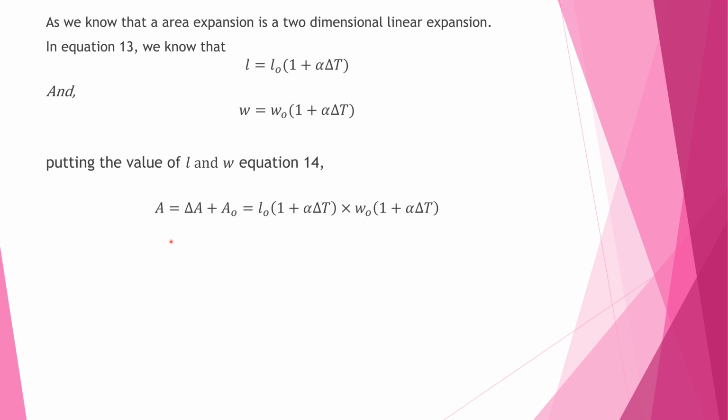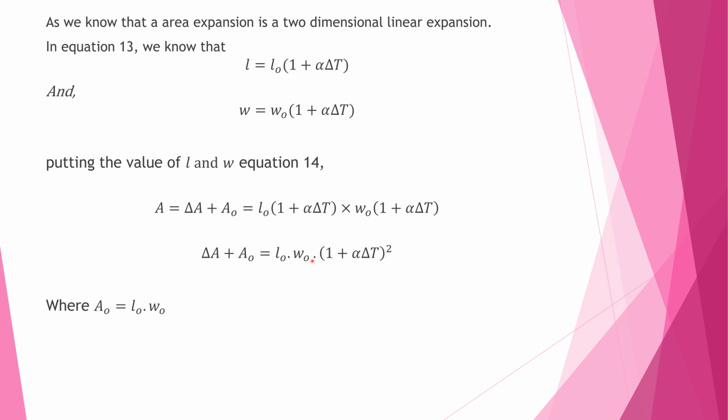Equation 14 will become A, which is ΔA + A₀, equal to L₀ into (1 + αΔT) into W₀ into (1 + αΔT). Or ΔA + A₀ is equal to L₀ into W₀ into (1 + αΔT) to the power 2.